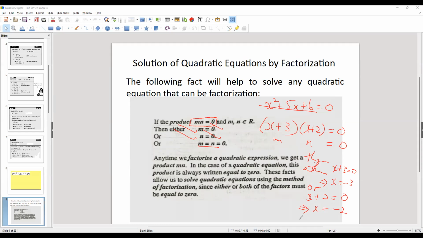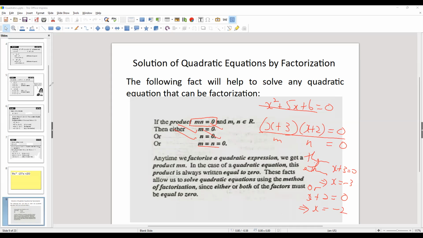So here it is, this idea that if two numbers multiply to give you 0, then one of the numbers must be 0 or the other one must be 0. We're making use of that idea to solve this quadratic equation. But before you can solve the quadratic equation, you notice we have to factorize it. We have to write it as a product of two factors. Only then the reasoning works.